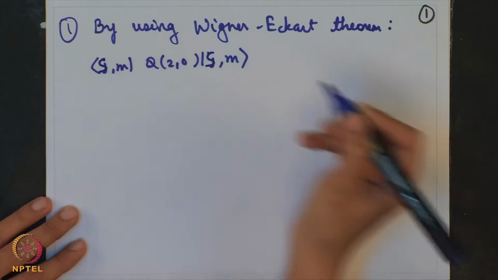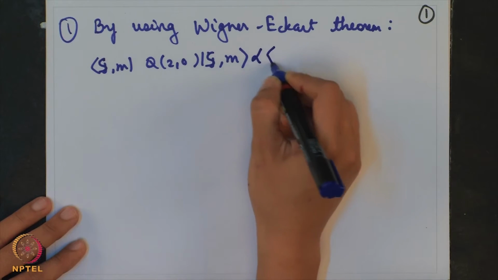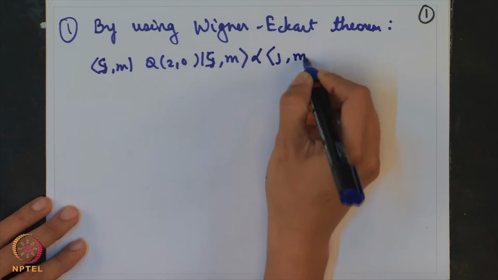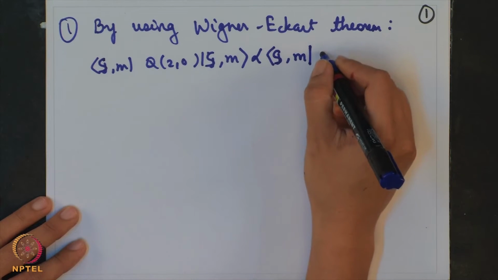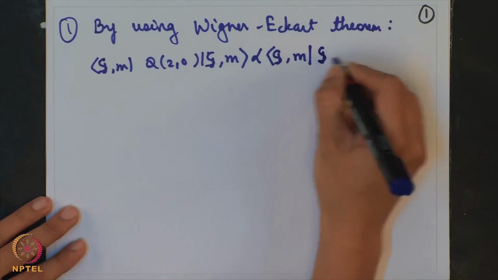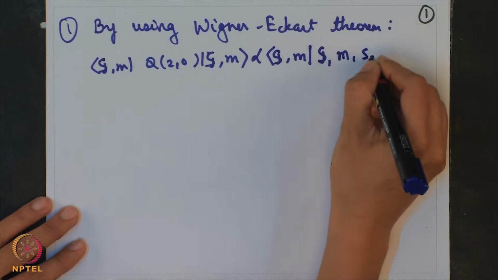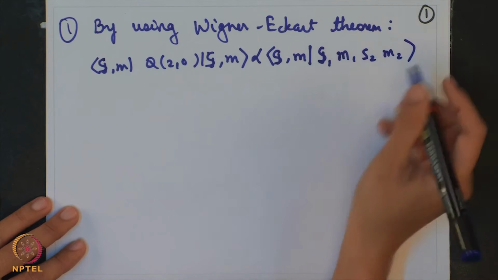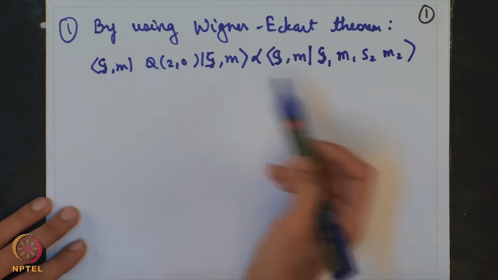So, I will have an S comma m, and this will be proportional to the CG coefficient with S 1 m 1 S 2 m 2, or rather the Wigner-Eckart theorem we can write in terms of that.